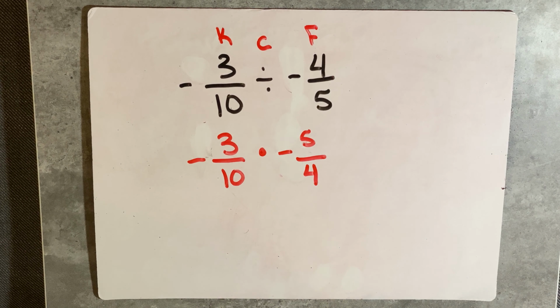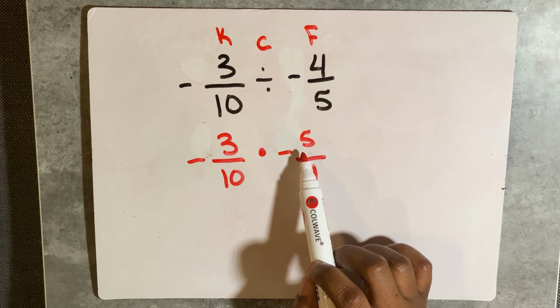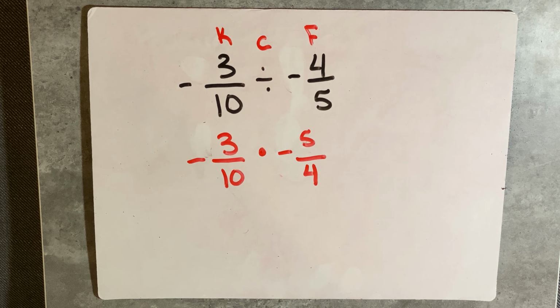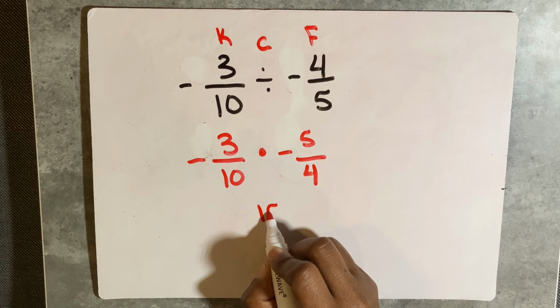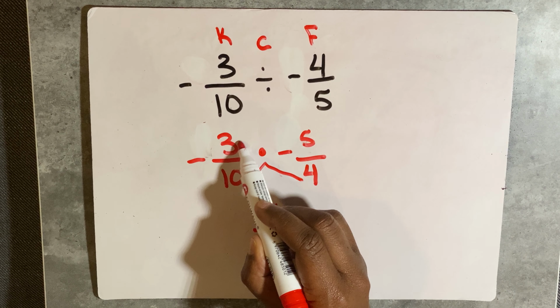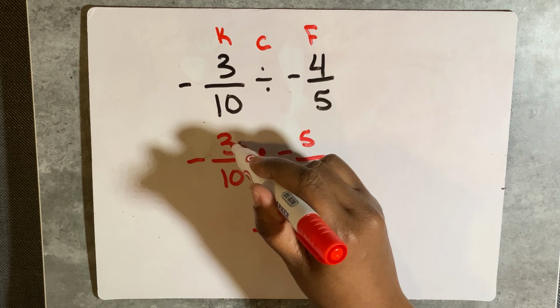Okay? Now I can do my calculations like I would normally do them. So if I'm looking at 3 times 5, 3 times 5 will equal 15. And 10 times 4, so this and this, and this and this.